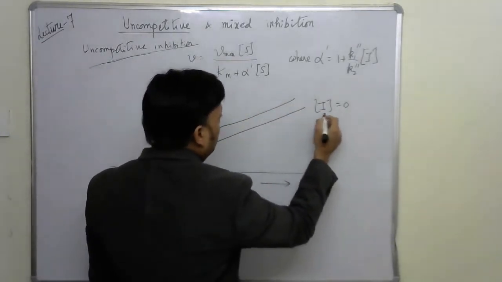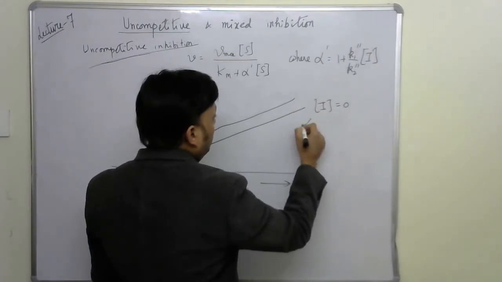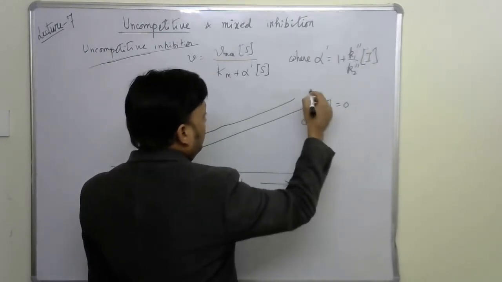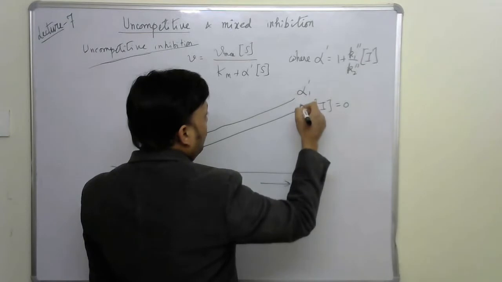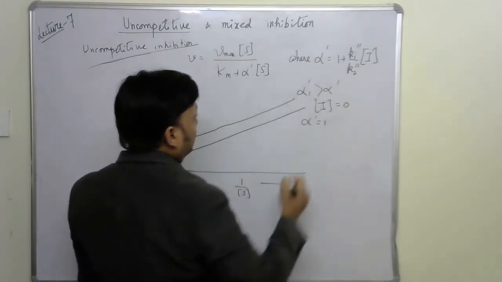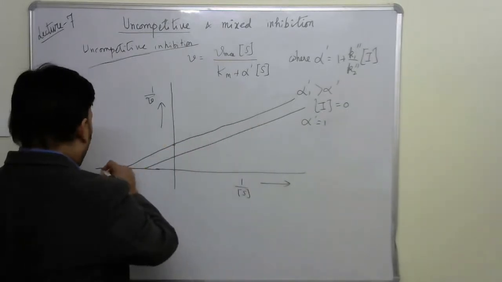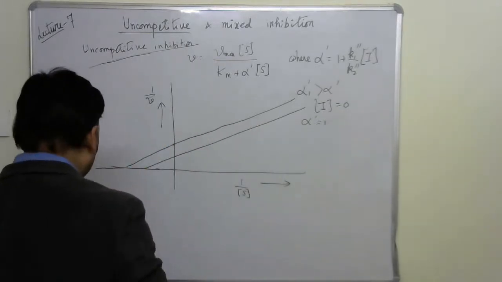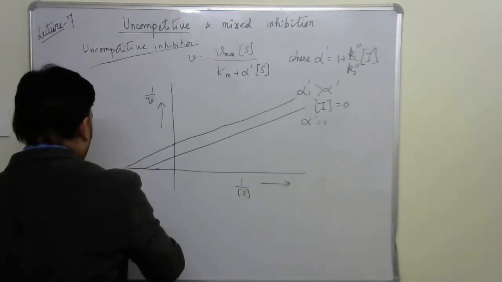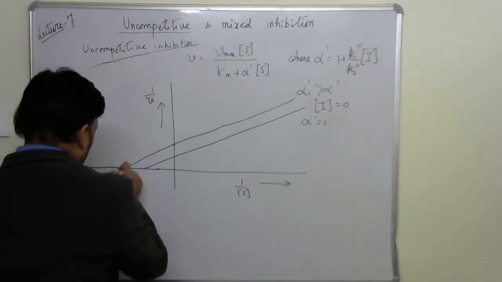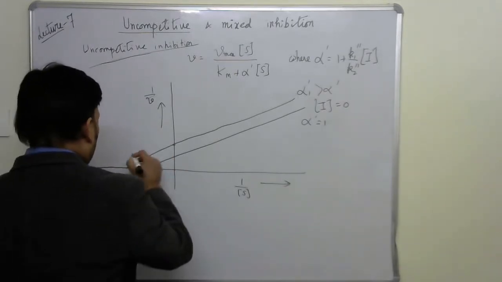So we can say here that alpha prime is equal to 1, but here we have alpha prime 1, which is greater than alpha prime. And once again, with increasing I, we can draw more graph plots.